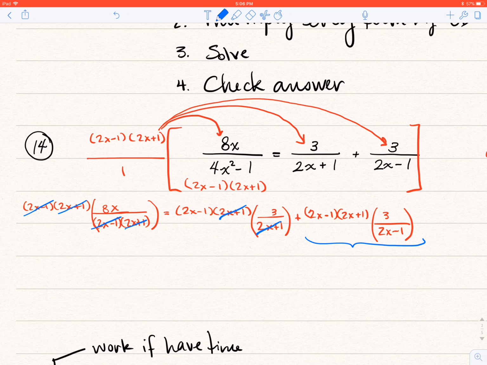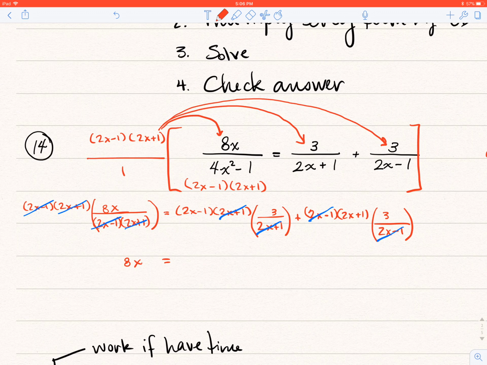And then for my last term, I can cancel 2x minus 1 on top, 2x minus 1 on bottom. Now let's take a look at what's left. For that first term, the only thing that's left is 8x.